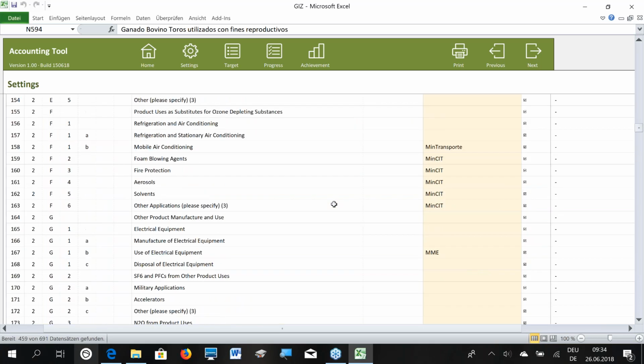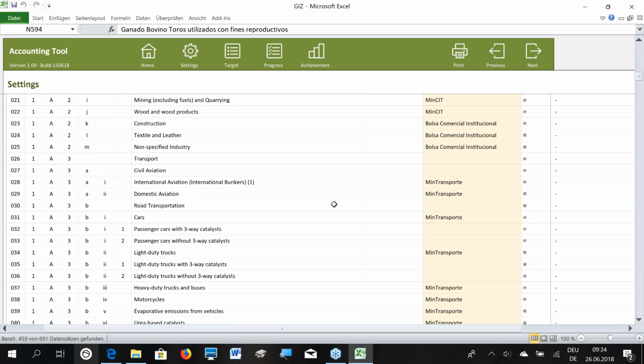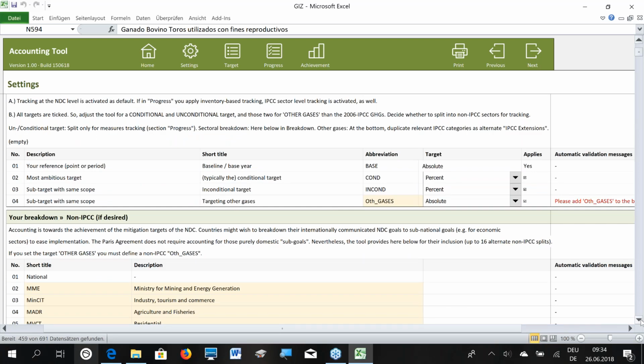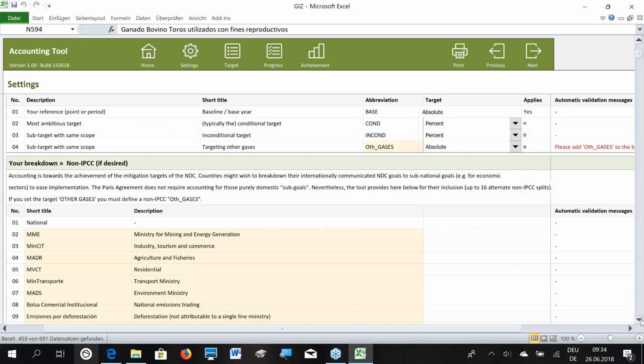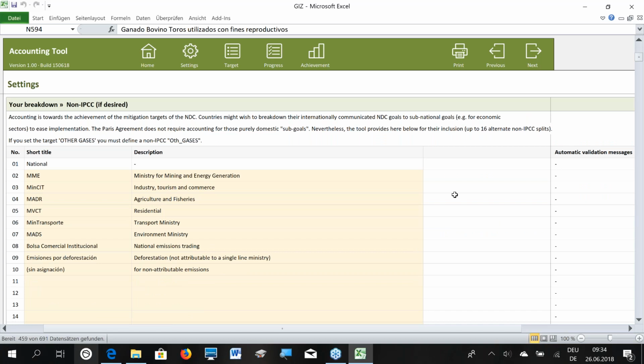But this was just something that I wanted to explain shortly. The most important part for you to know is that you have here the option to break down your national NDC target into something that corresponds to the responsibilities of NDC implementation in your country.